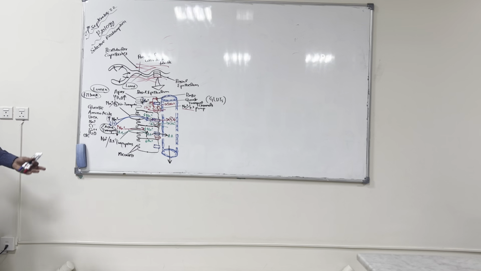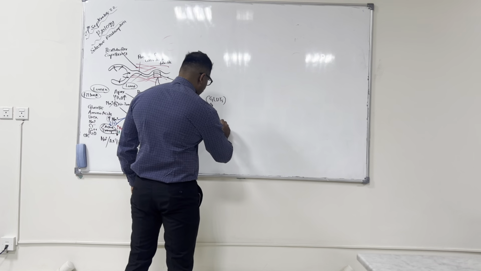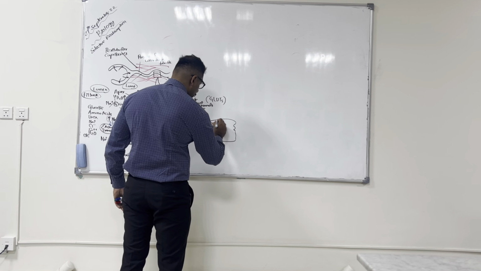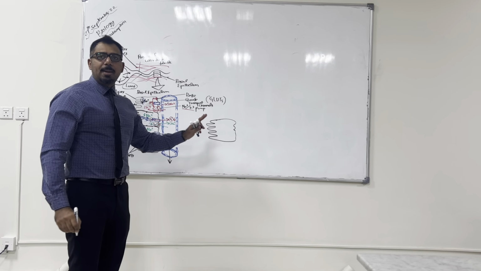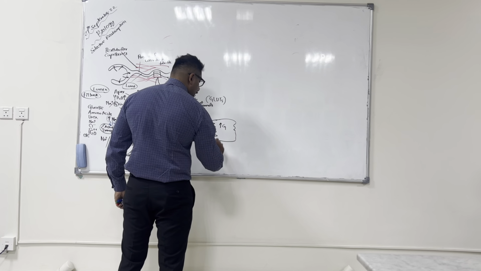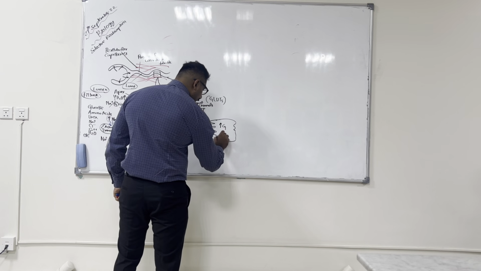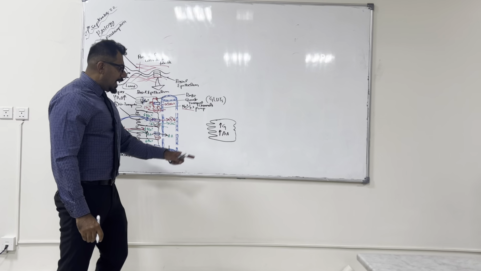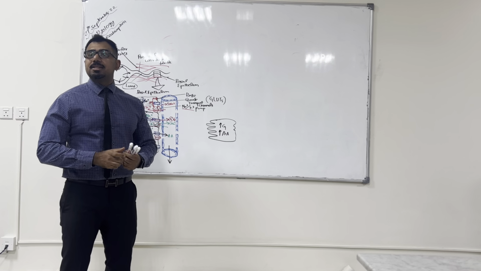Is it obvious or not? Let me draw a simple diagram, another diagram over here, of one basal epithelial cell. I am saying that glucose concentration is high over here. I am saying that amino acid concentration is high over here.